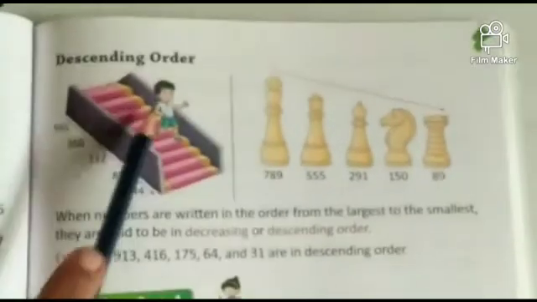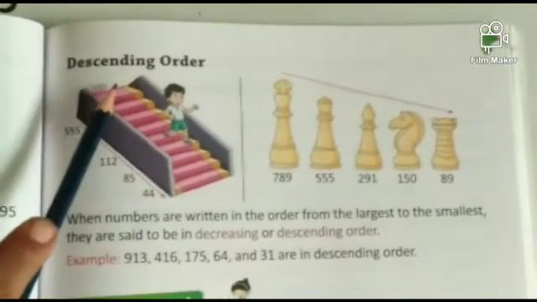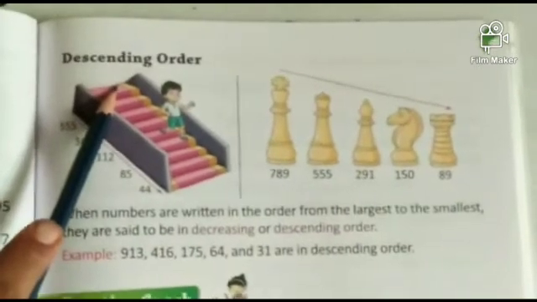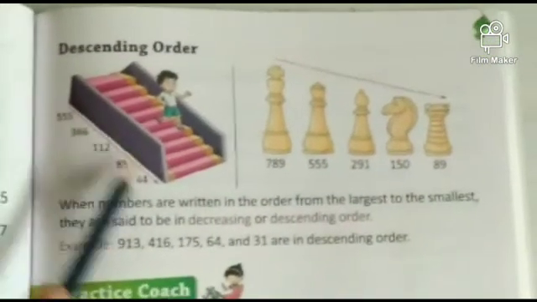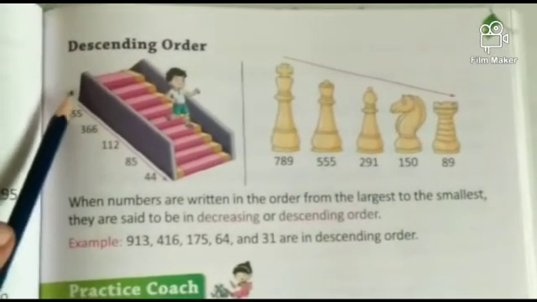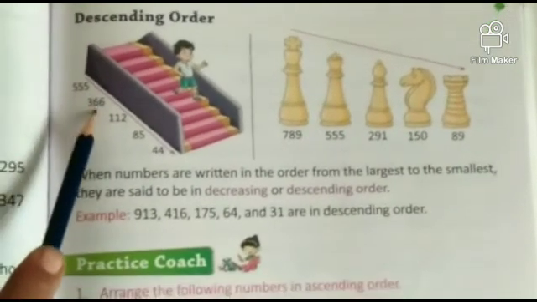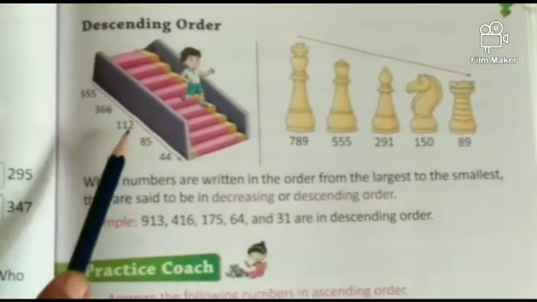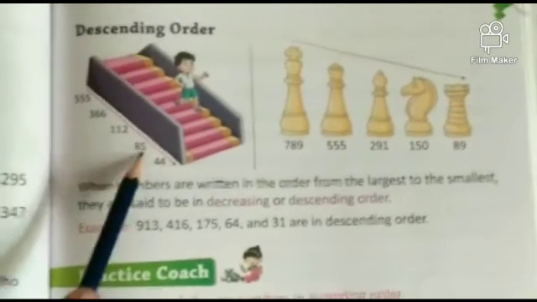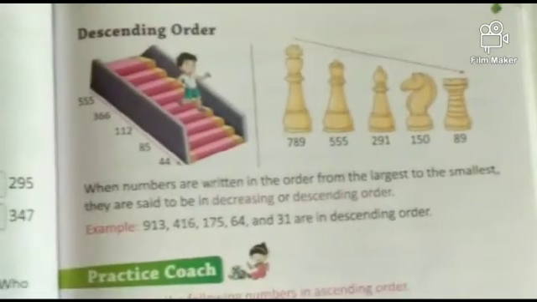Look at this picture. This boy is coming from the stairs. He is coming from upside to downside. Means this is descending order. Numbers are also from up to down. 555, 366, 112, 85 and 44. These are descending order.